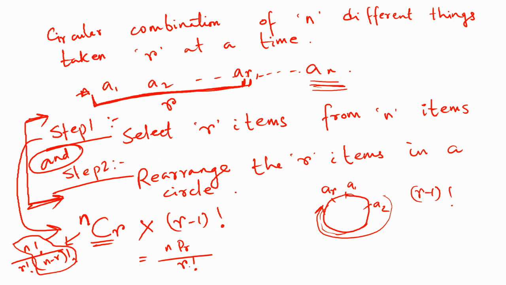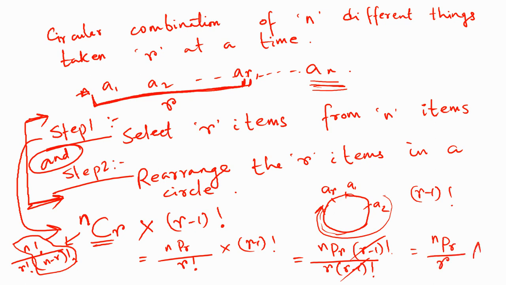So this is nPr divided by r factorial, times (r minus 1) factorial. So we can write r factorial as r times (r minus 1) factorial, and this cancels with the (r minus 1) factorial, right? So we get nPr divided by r.